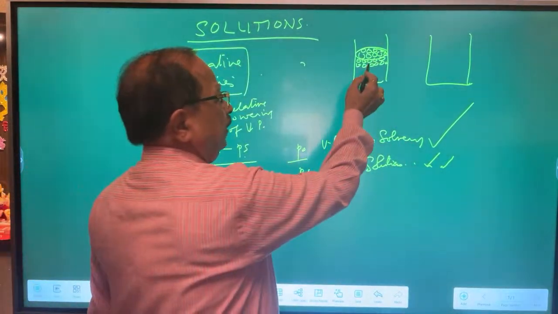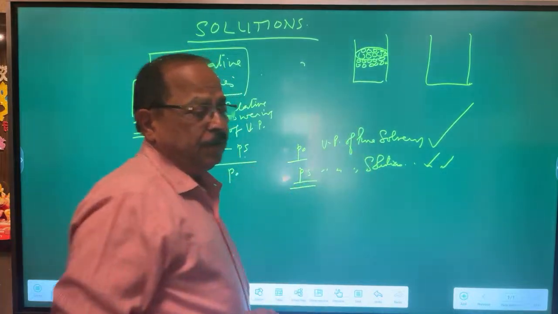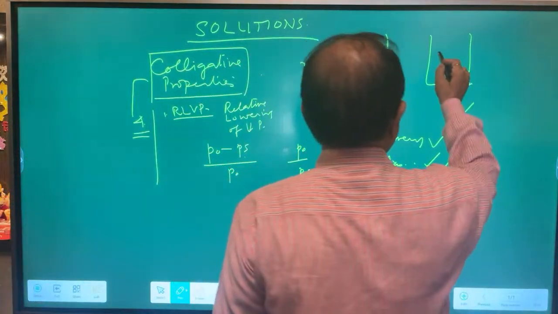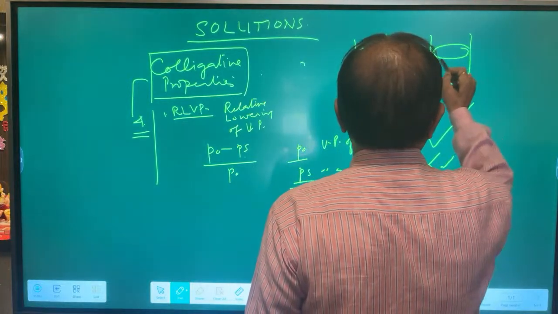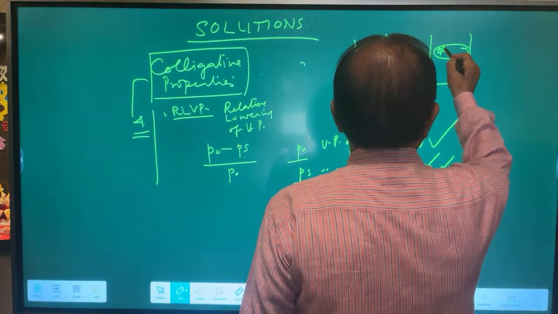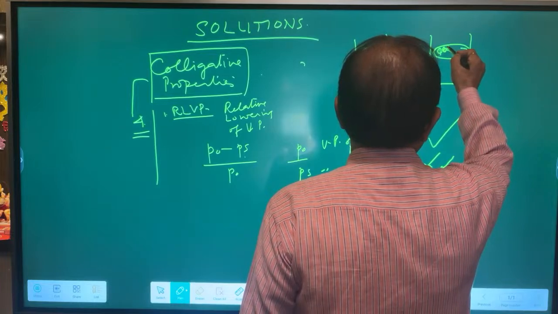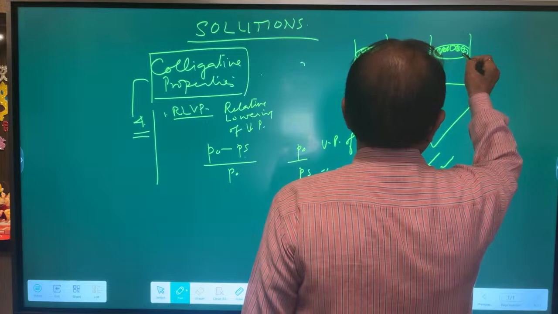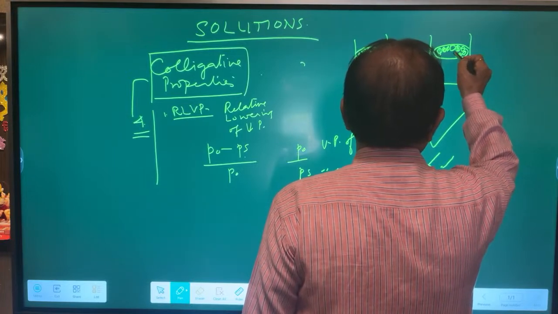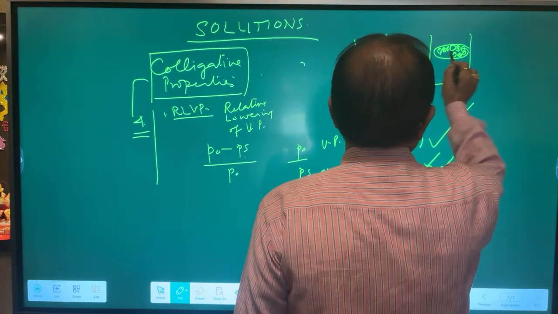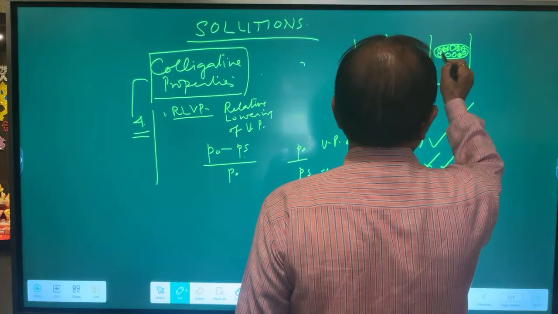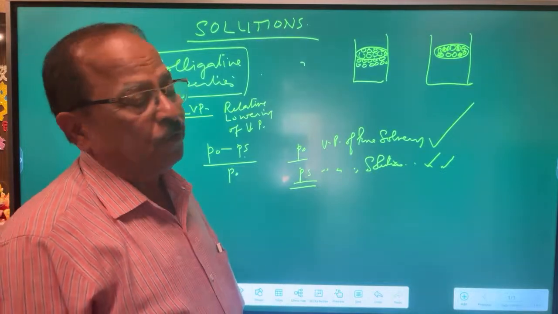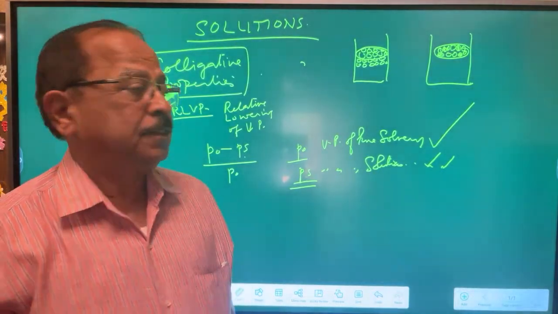And when I put a solution of, say, a sugar solution into the other, there will be some pure solvent molecules, there will be some non-volatile solute molecules also. In other words, the surface area available to the solvent has been reduced. Why? Because some of the surface area has been occupied by the non-volatile sugar particles, right?